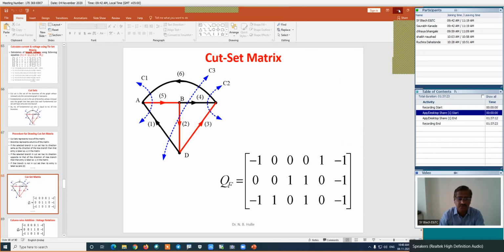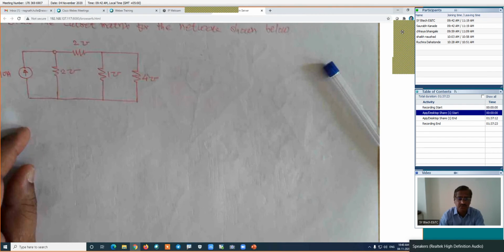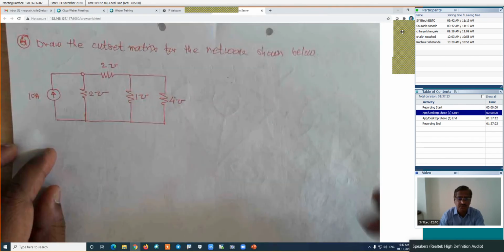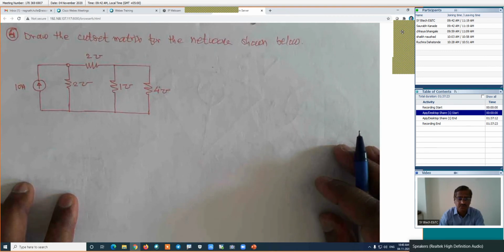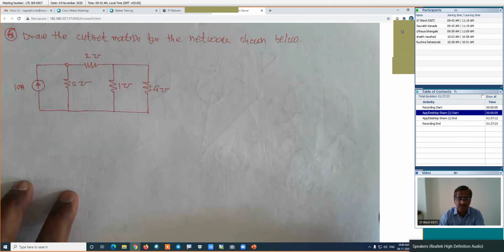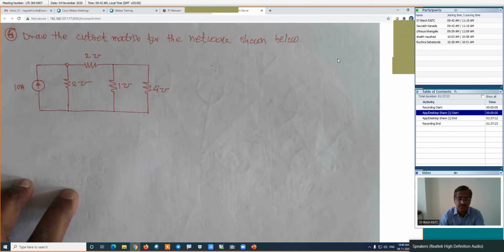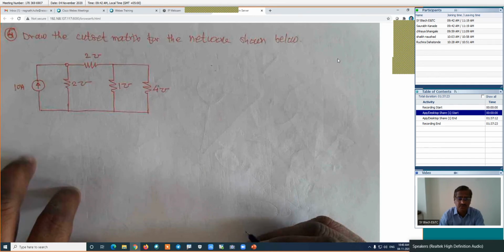Now, coming to another example, look at this figure. What is this problem? Draw the cut set matrix for the network shown below. For this particular given figure, we want to prepare the cut set matrix. Now, how many nodes do we have in this figure?